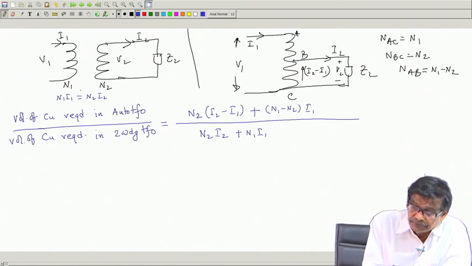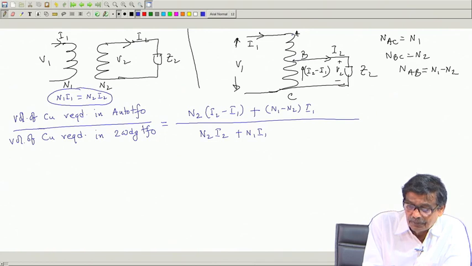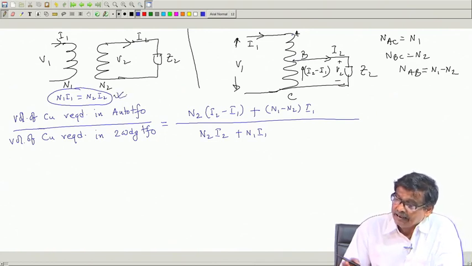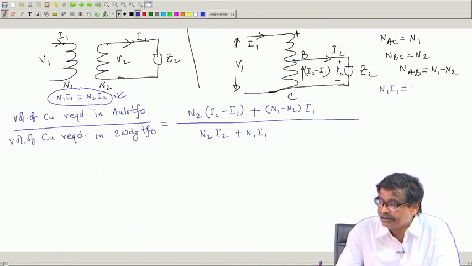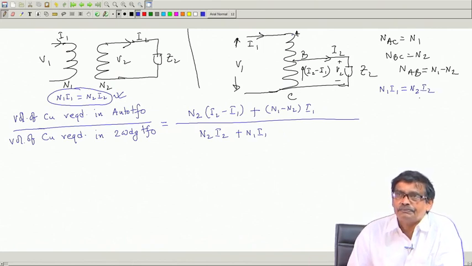But we have shown in case of a two winding transformer, this is already known. In case of AutoTransformer also, we have shown that it so happens that N1 I1 is also equal to N2 I2.